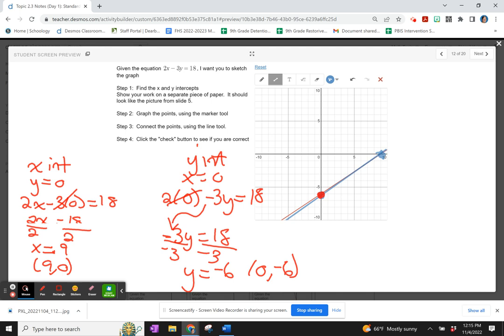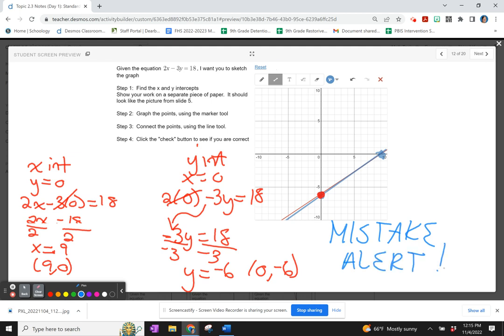Now, this is the nice thing about this self-check. Let's see what happens if I make a mistake. Okay, so I'm going to put this on here, telling people, hey, this is going to be wrong, so make sure that you know that.